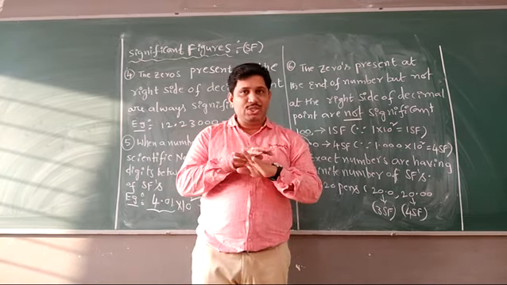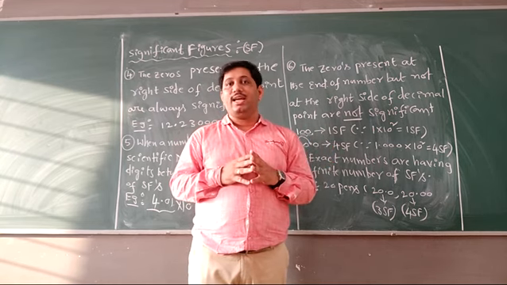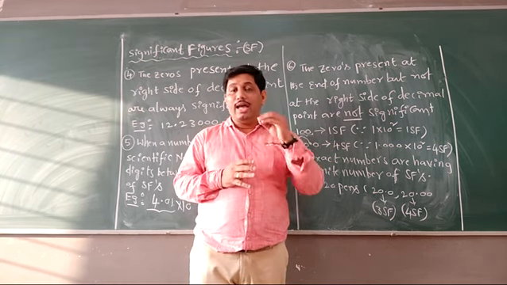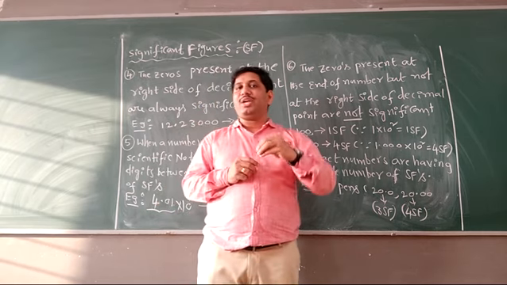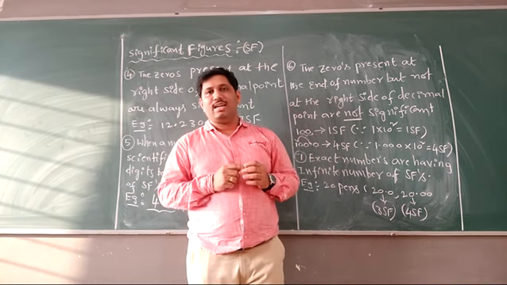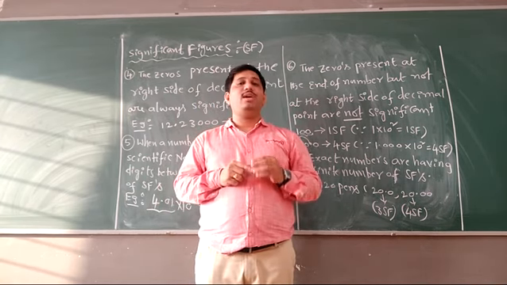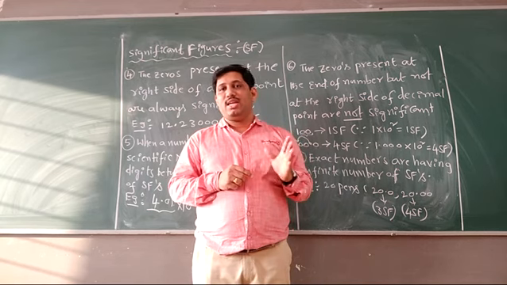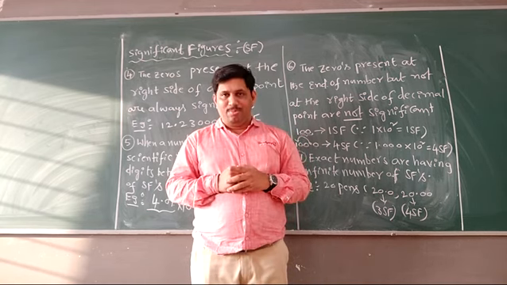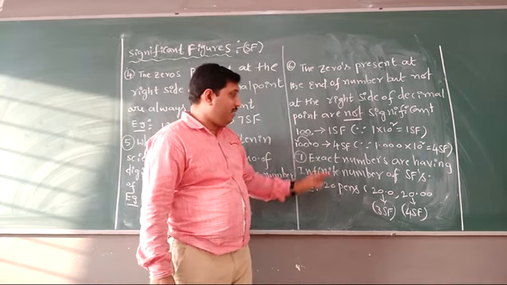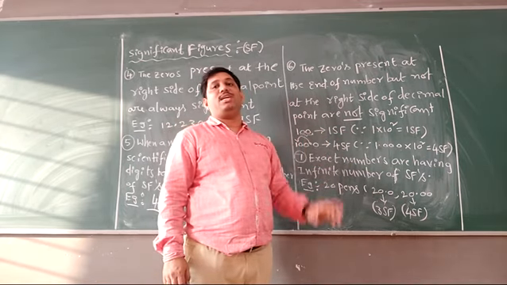Why? Because there is no error, there is no uncertainty. Those numbers are called exact numbers. All the counting numbers are called exact numbers. These exact numbers do not have any error, any mistake, any uncertainty in the measurement. All these exact numbers are having infinite number of significant figures.